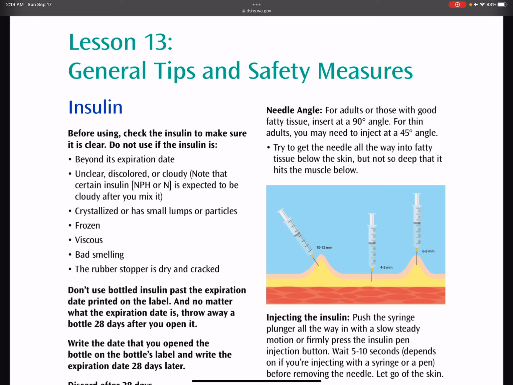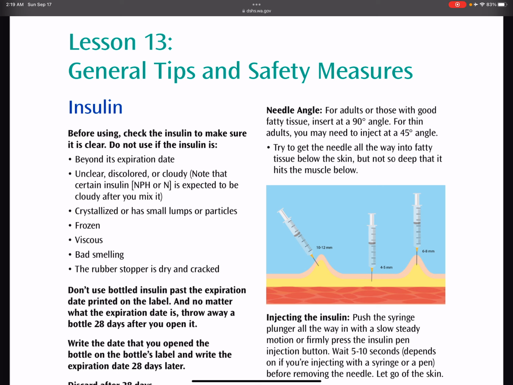Before using, check the insulin to make sure it's clear. Some insulins are cloudy, that's okay, but the clear insulin, if it is cloudy, that's not fine. Do not use if the insulin is beyond its expiration date, or unclear, or discolored or cloudy.